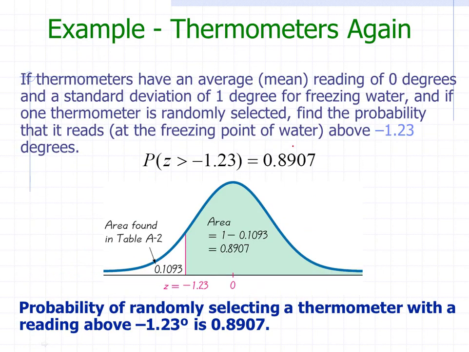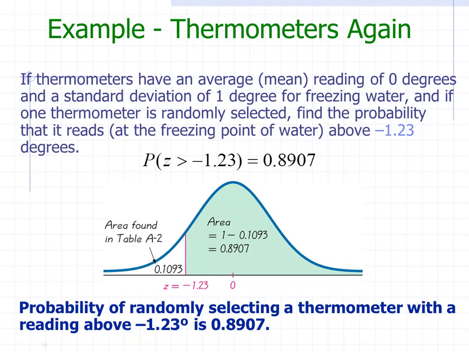We've got the same scenario, but this time we want to know what's the probability that the thermometer at the freezing point of water will read above a negative 1.23 degrees. So now our z-score is a negative 1.23.